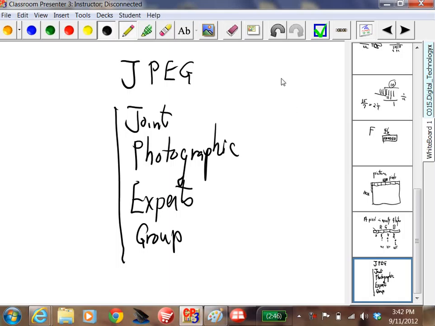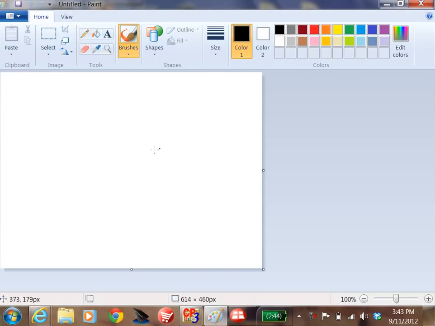These other formats usually take a lot more room. It's sort of interesting to look at a very simple picture in JPEG versus a very complicated, very busy picture. In any case, the file sizes in JPEG are usually small compared to other things. So just go to Paint and save.